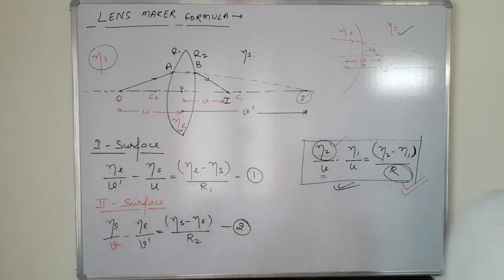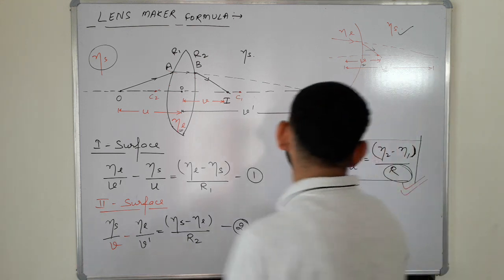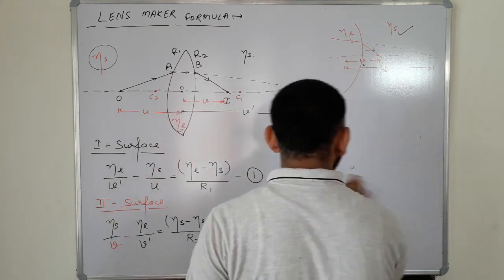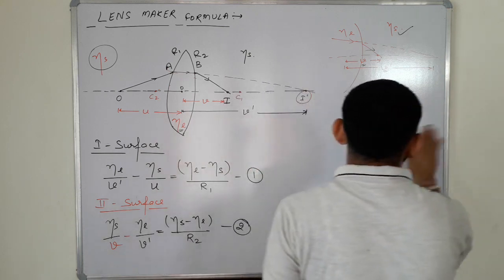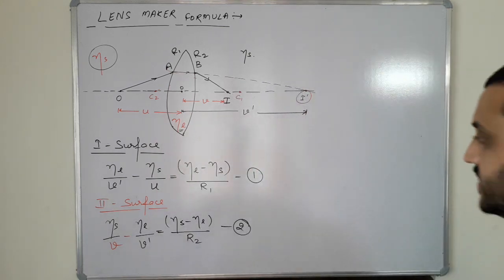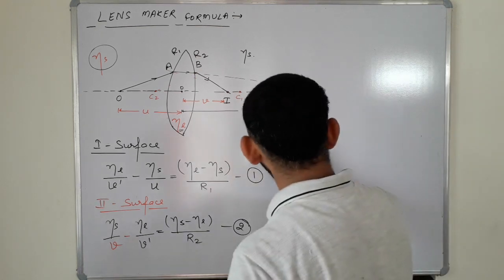Okay. Now what do you have to do? Just add these two equations, equation number 1 and equation number 2, and apply some mathematics. How? See, if we add these two equations, what we will get?